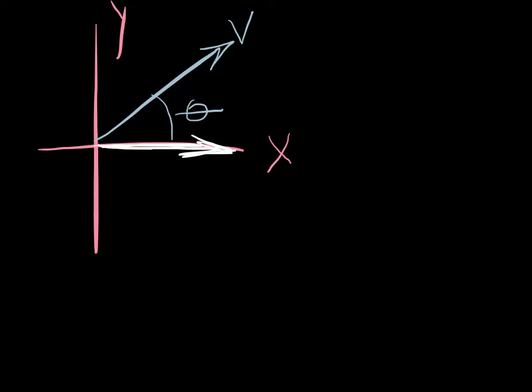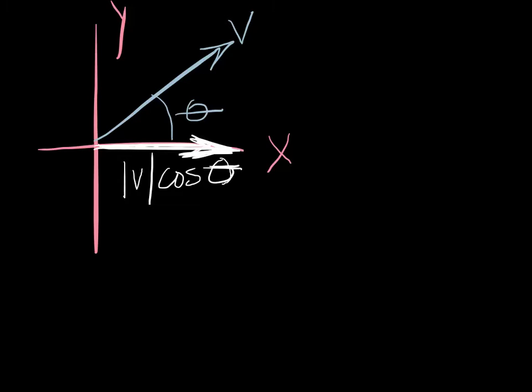This is how I can find it. Just like when you were doing trig, it's going to be the magnitude of vector v times the cosine of theta. The reason I use cosine of theta for the horizontal component is that, if you remember, cosine is your x value.